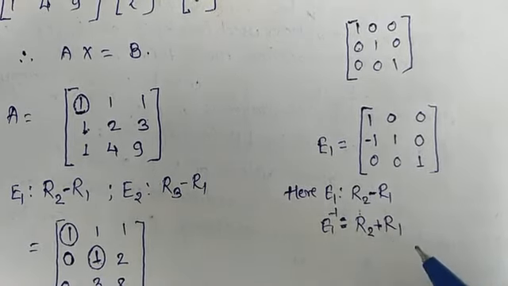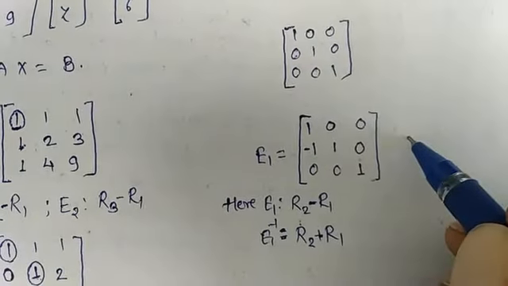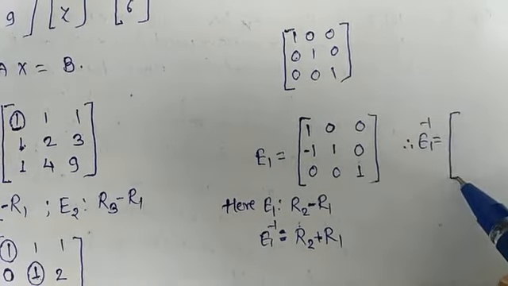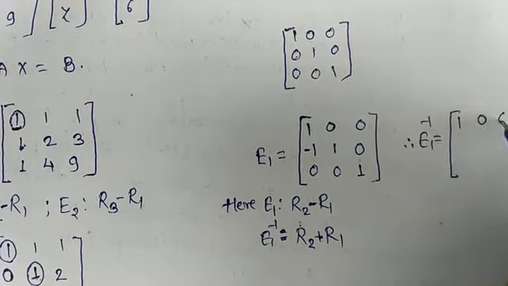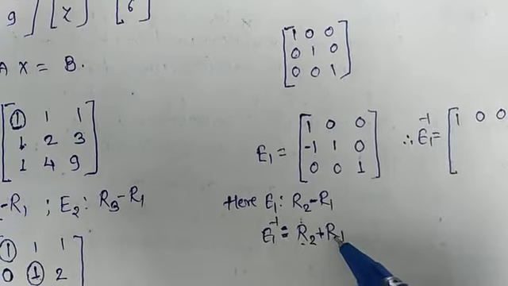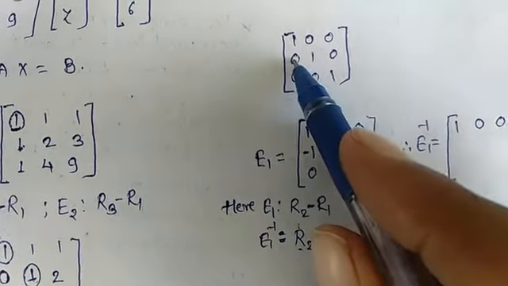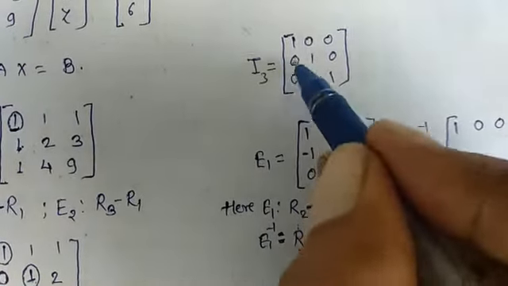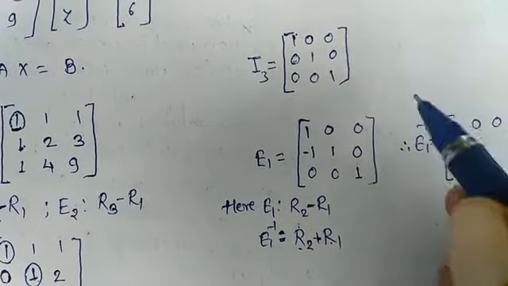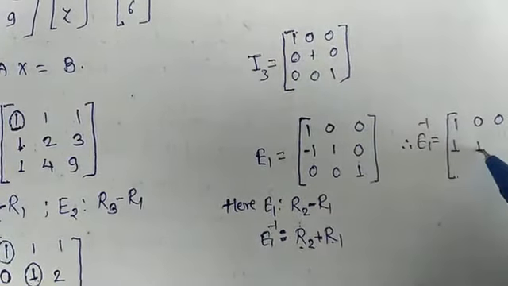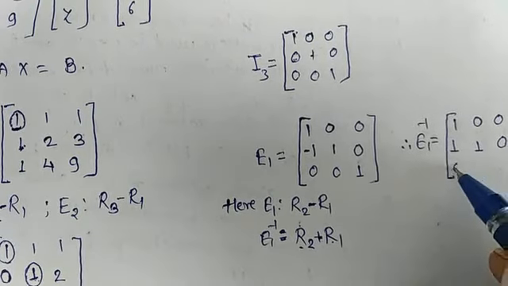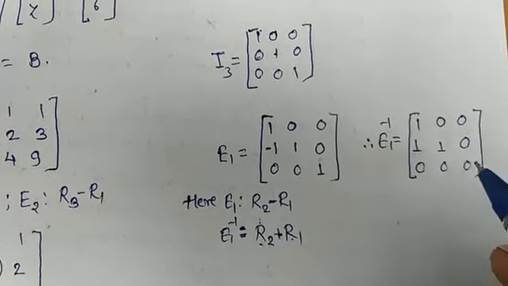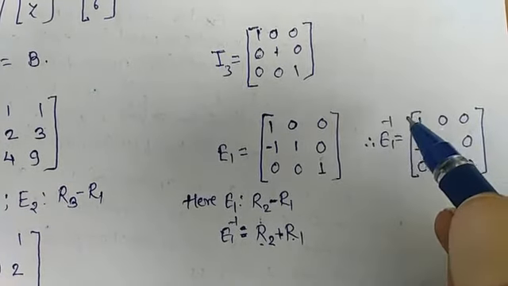Therefore E1 inverse is the elementary matrix with first row as it is, 1 0 0, and second row given by R2 plus R1 on the identity matrix I3: 0 plus 1 is 1, 1 plus 0 is 1, 0 plus 0 is 0, and the last row as it is. This is our E1 inverse matrix.